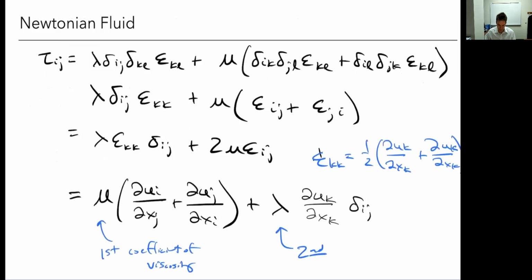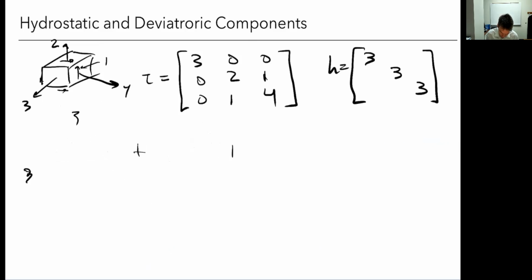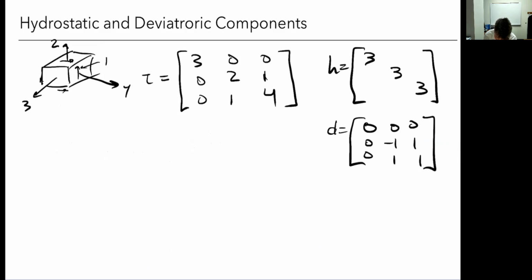Okay, so to write that out, the deviatoric component here is just 0, -1, 1, 0, 0, 1. It's just a coincidence these all are 1s. There's nothing special about 1.